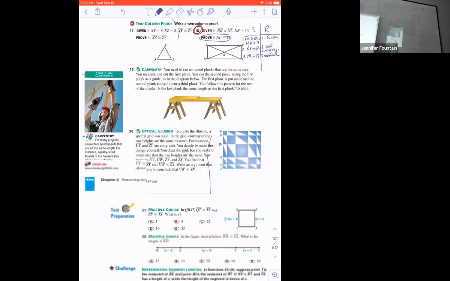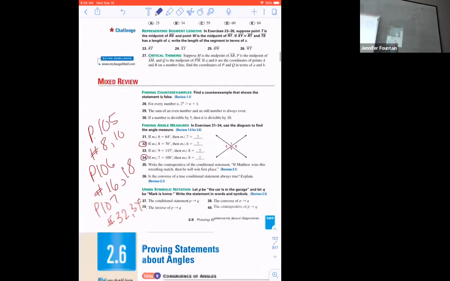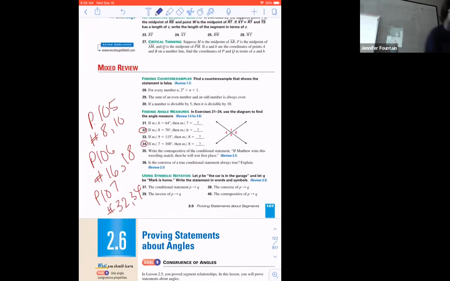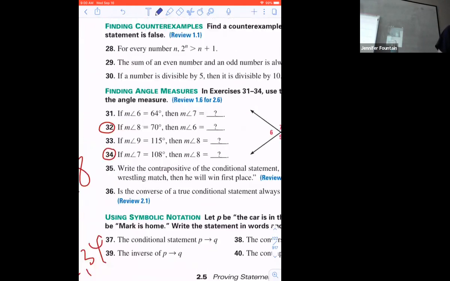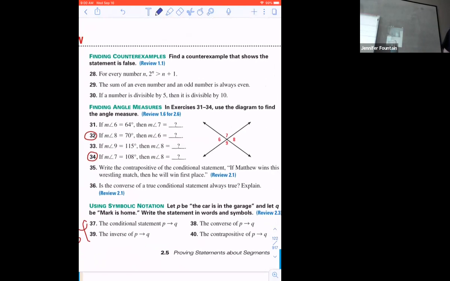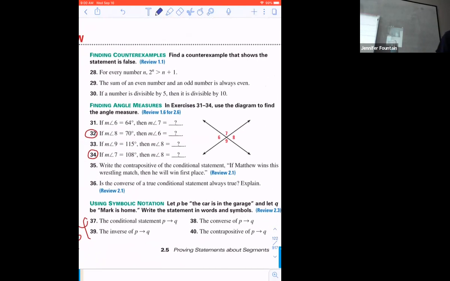So moving along, we get to page 107. We had numbers 105, 8, and 10. We already did that. 106, 16, and 18, and now 107, 32, and 34. So let's take a look at those. It says in exercises 31 through 34, use the diagram to find the angle measures. If we look at number 32, it says the measure of angle 8 is 70 degrees.